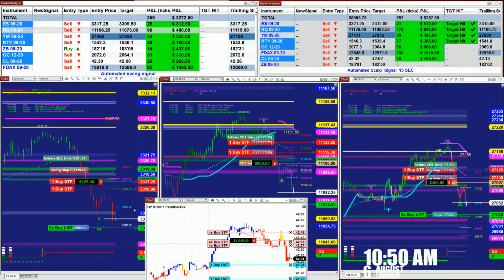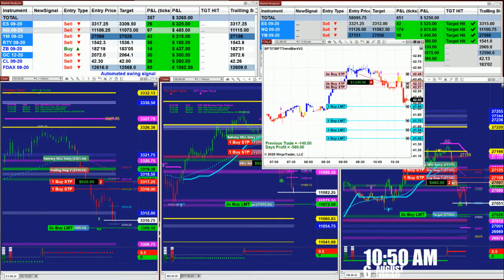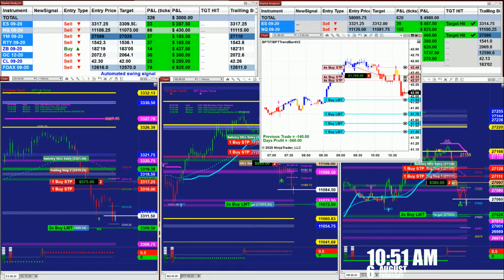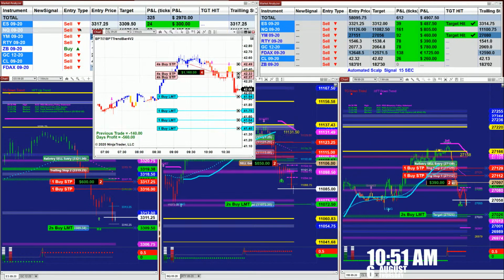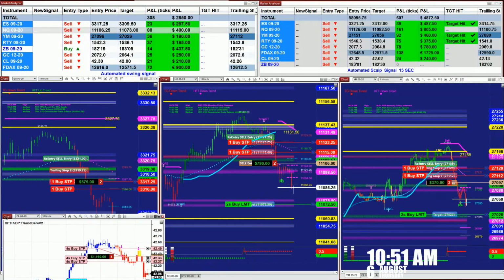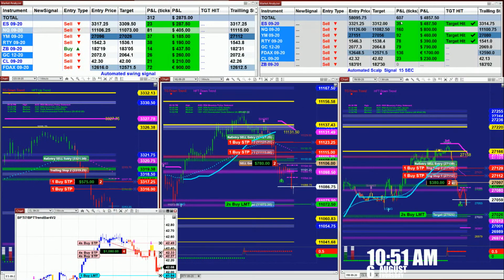Absolutely beautiful, beautiful entries. At the moment on the market analyzer, the swing trading, not much, is 315 ticks based on one contract, and the scalper 607 ticks based on one contract.